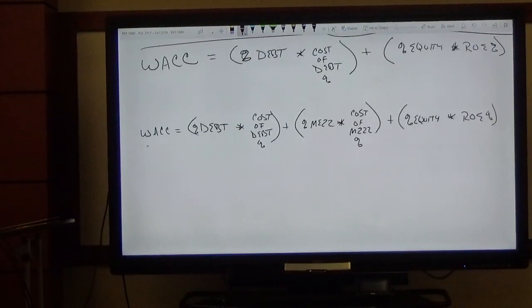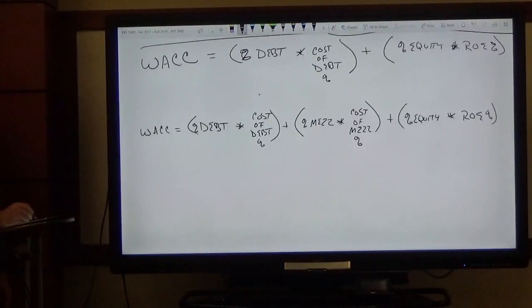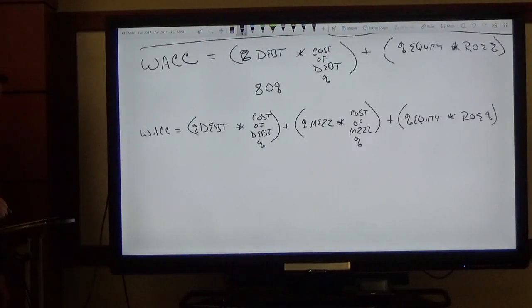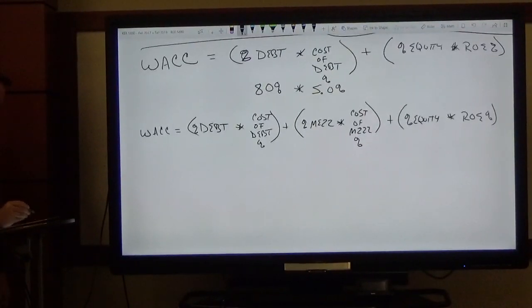So now let's just work through another quick couple of examples with this. All right, so percentage debt is what? We'll go ahead and use 80. All right, 80% debt, cost of debt 5%.